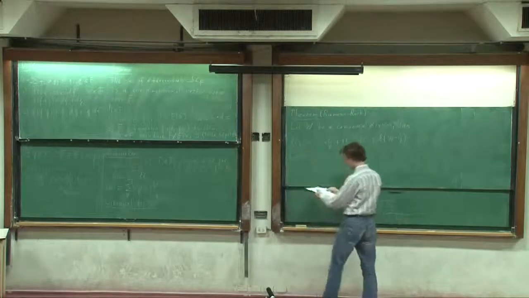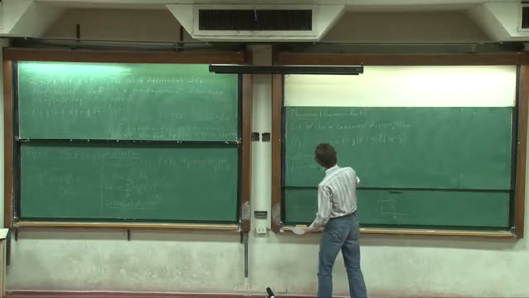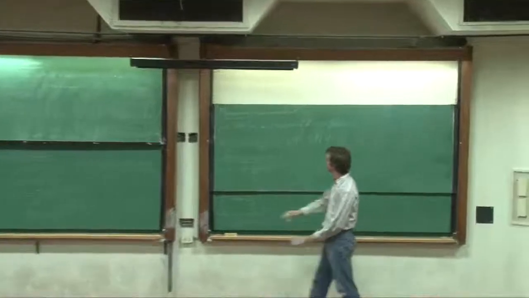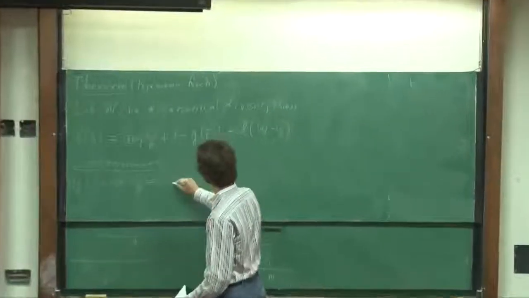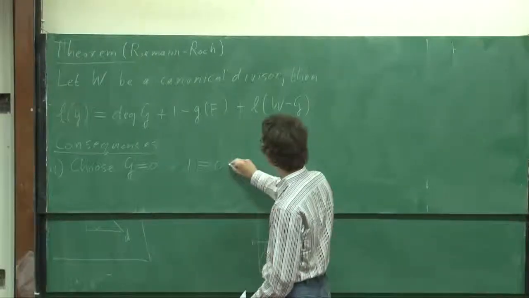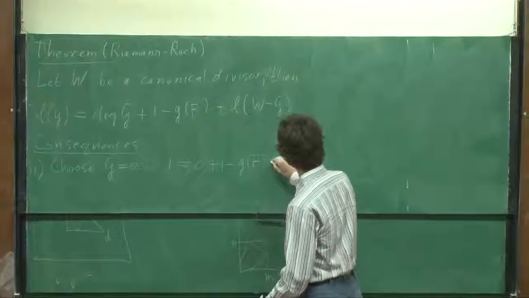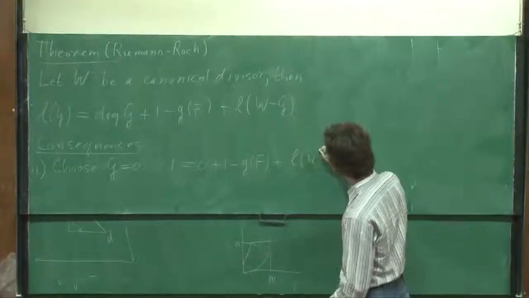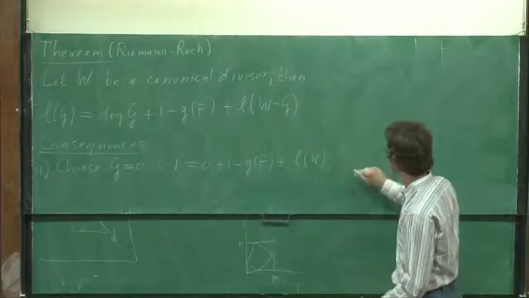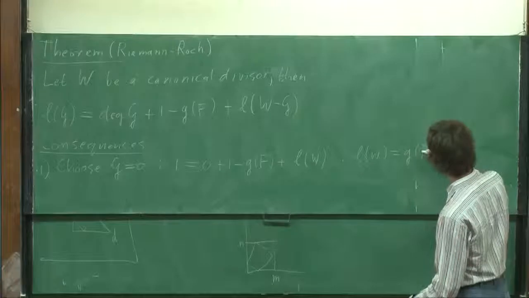So in the first place, if we choose the divisor to be 0, what do we get here? We get that L of 0, which was 1, is going to be the degree, which is 0, plus 1, minus the genus, plus the L of W. So in other words, what we get is that L of W is the genus.